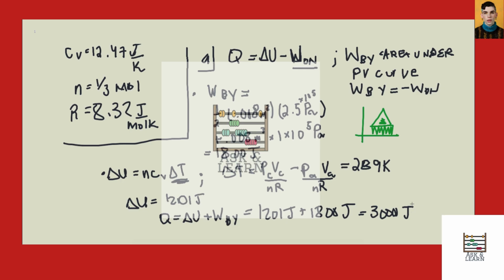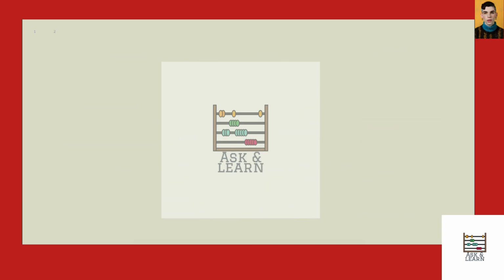Yeah. And then the next part asks, what if you just go straight from A to C? Thinking about the math that we did, there's nothing that changed about our delta U. So I'll label this B. Q is equal to delta U plus the work done by the gas. This delta U stays the same. It really just depends on your final and initial state. And we determined from the last problem that that was 1201 joules.